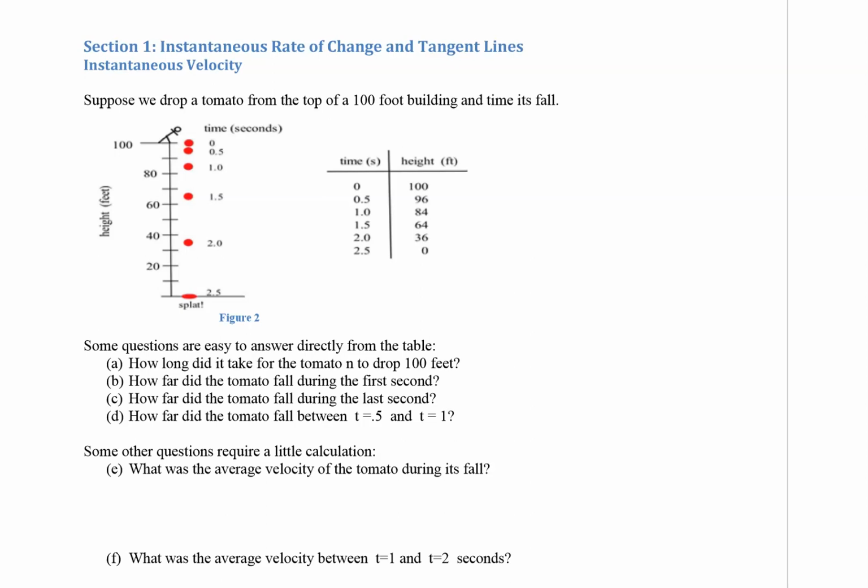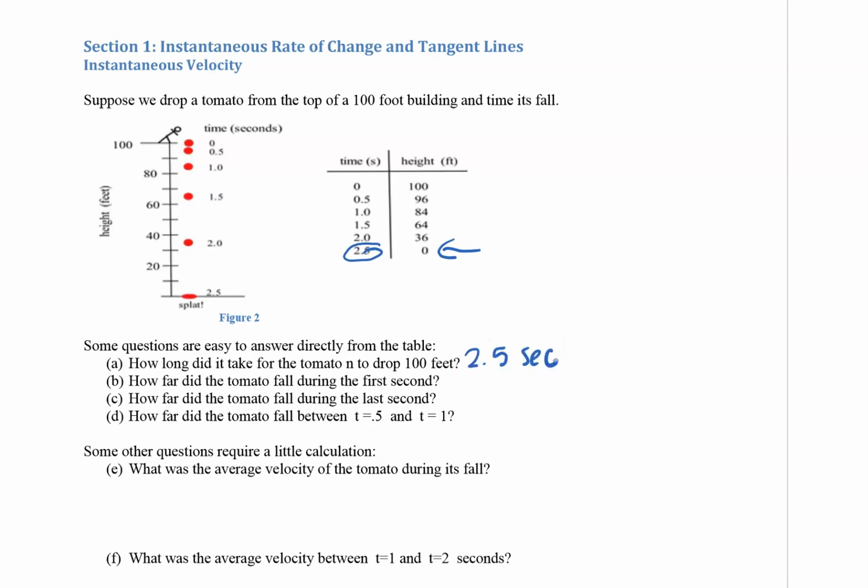There are some questions that are easy to answer directly from our table. It says, how long did it take for the tomato to drop 100 feet? You can see right here that when we are at 0 height, we are at 2.5 seconds. So how long did it take? It took 2.5 seconds.